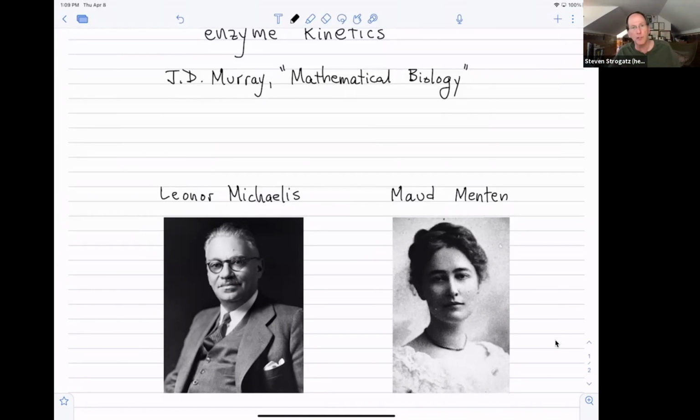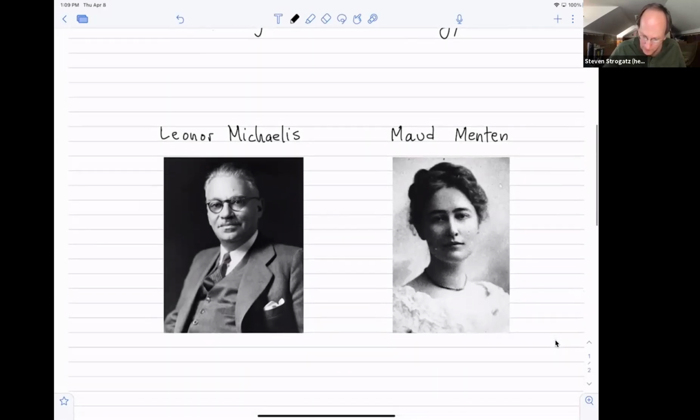Michaelis, because he was Jewish, it was hard for him to get hired. Similarly, Menten had even harder problems in her career. She didn't become a full professor till she was 70, a year before she retired. Kind of ridiculous, considering the pioneering work that she did. But anyway, fortunately, we remember her great stuff.